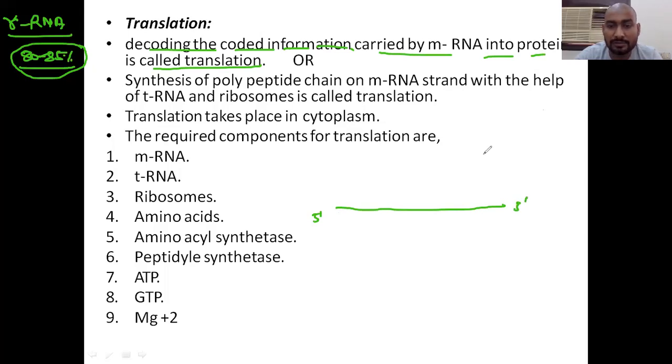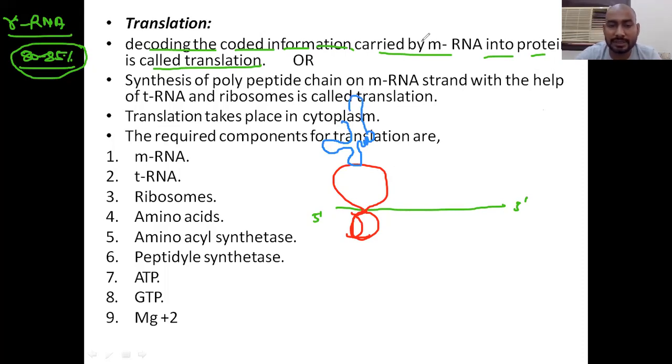So firstly, who will come? Firstly rRNA will come. It plays a very important role. Then the third one is the tRNA, which will come with different amino acids.